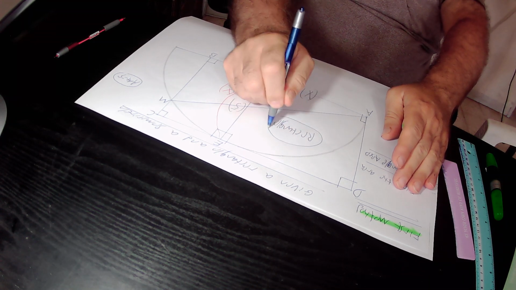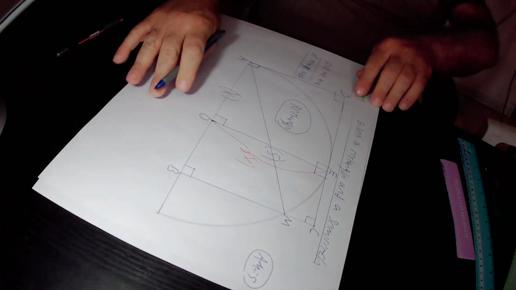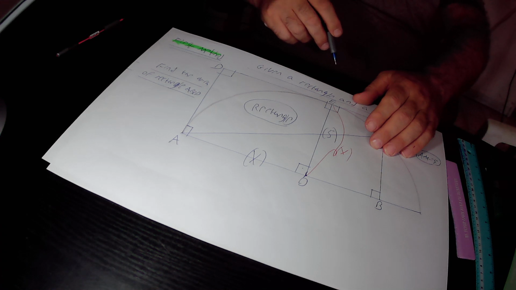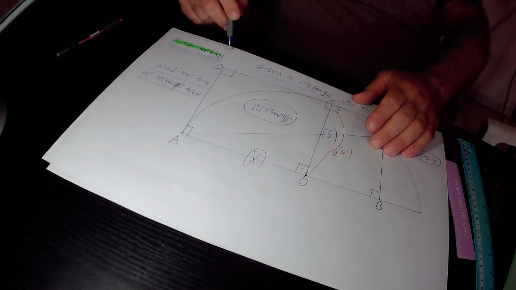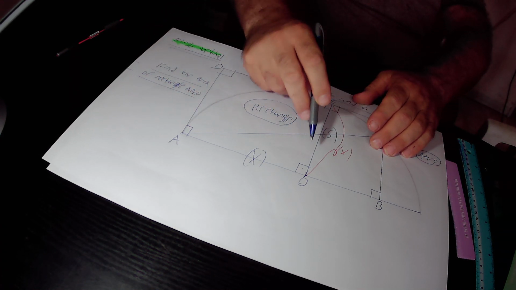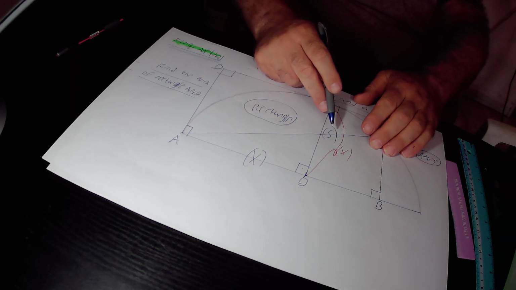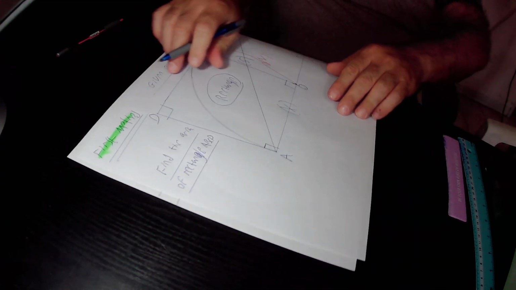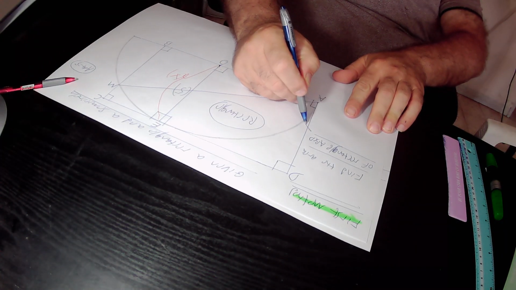But we also know that the opposite sides of a rectangle are equal to each other. So in rectangle DEOA, side EO must be equal to the opposite side DA. But EO is x, it is the radius of the circle, therefore DA must also be equal to x units in its length. DA equals x.